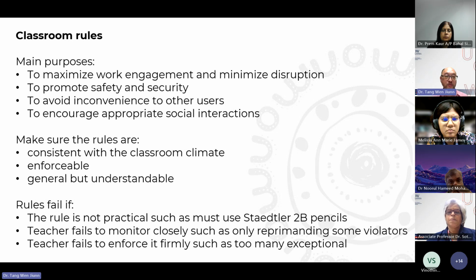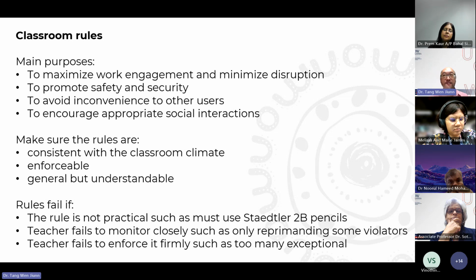But then they start to come in and give you other excuses like, oh, I forgot. You say, never mind, next time. That already shows you are giving exceptions. You are not following your rules firmly.